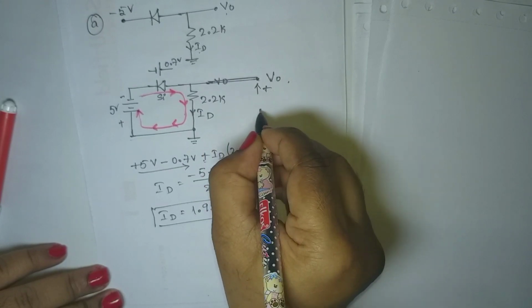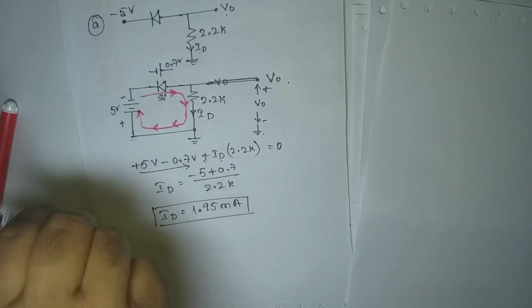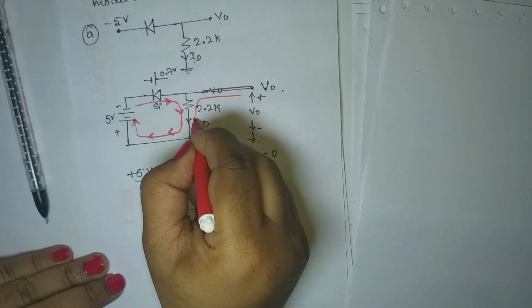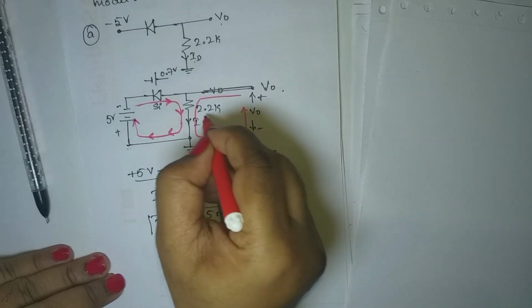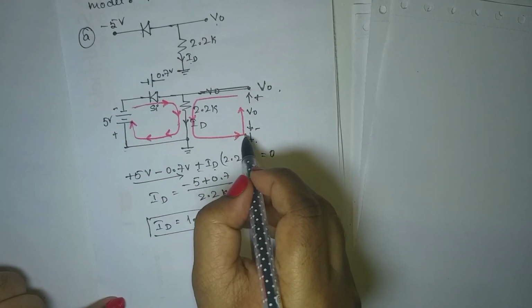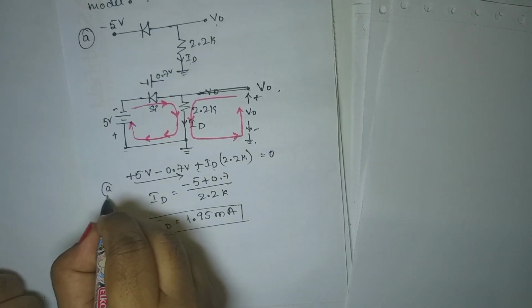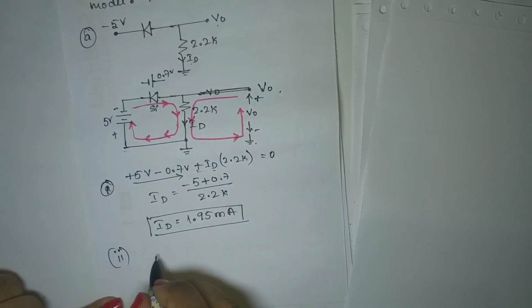This is plus V naught and this is minus, and hence it is grounded. Now I'll take the same direction of current here again. Like this. Now I'm getting minus first, right? So I'll take minus V naught. So this is the first part and this is the second one to find V naught.